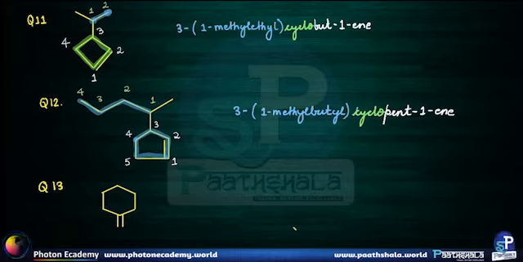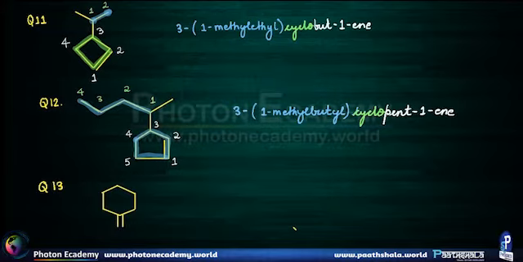Question number 13 is a problem of its own type. The reason being that there's a single carbon over here. As we have studied in the rule, the double bond should be in the main chain. If I select the cyclic ring as my main chain, there's no double bond present.